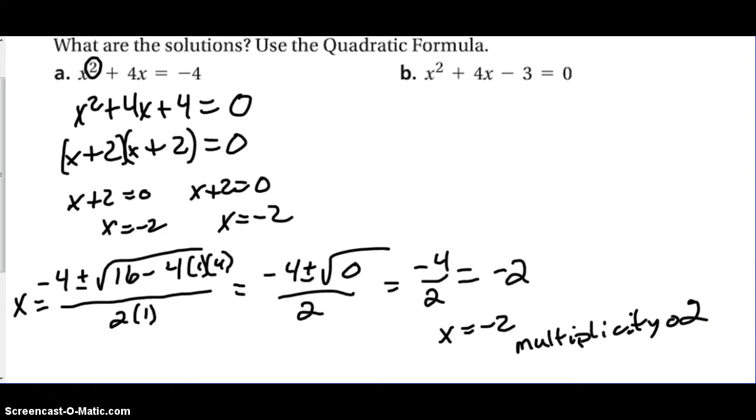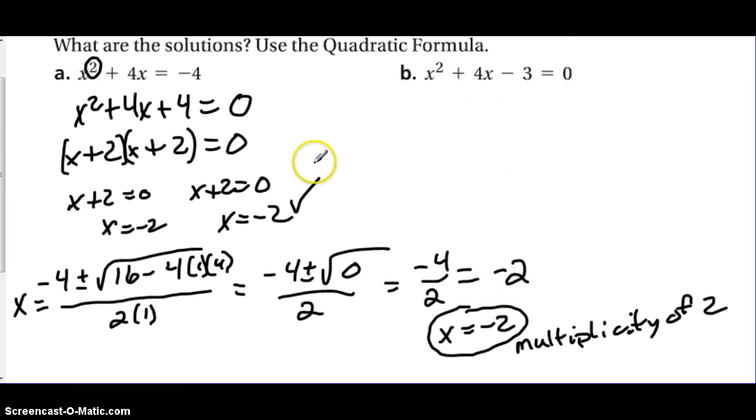Let's go ahead and rewrite that there. Multiplicity of 2. In other words, you're going to have two multiples of negative 2. In other words, negative 2 and negative 2. You're going to have it twice. And that matches the same answer up here.